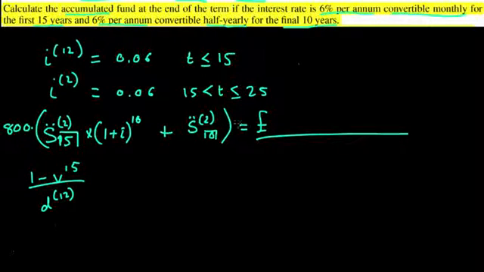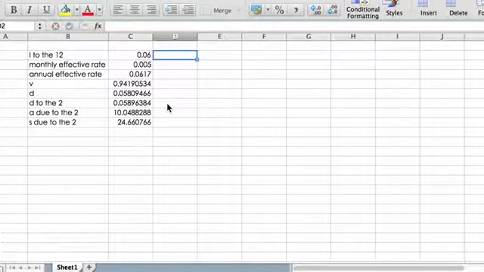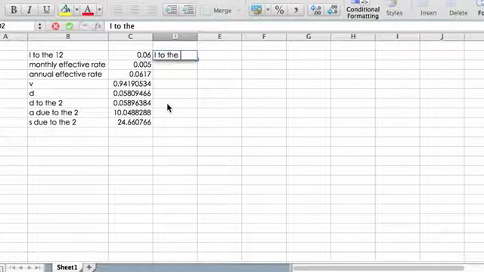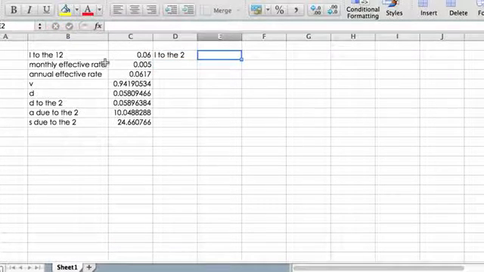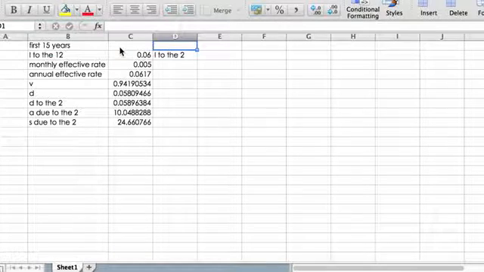So let's first find this series with the new rate. I'll put down that this is the first 15 years and this is the last 10 years.